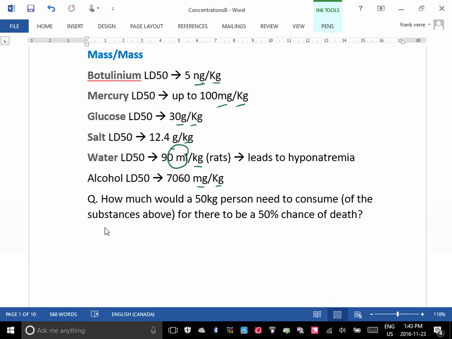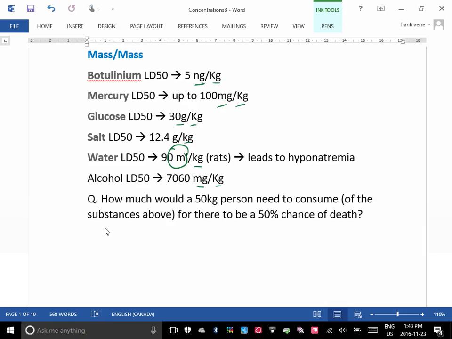Or if you were to look at the botulinum toxin, it's a very potent toxin from a bacterium, and the levels were 5 nanograms for every kilogram. In your population, you were testing a population, and that was a concentration of the toxin that, again, half of them would die.